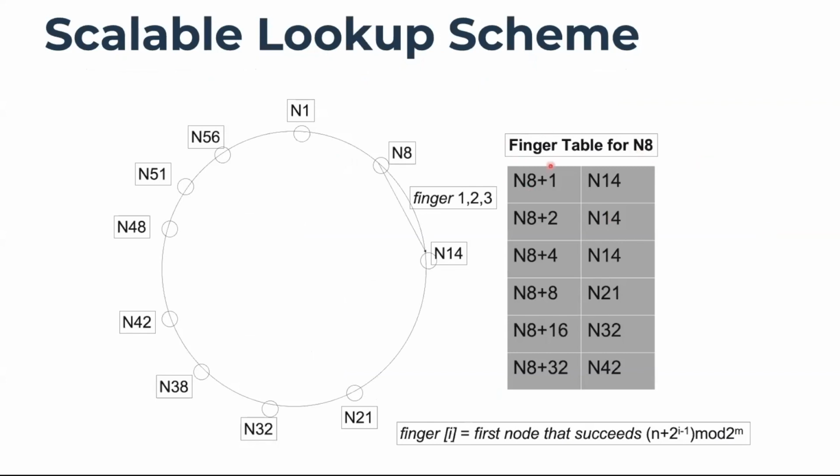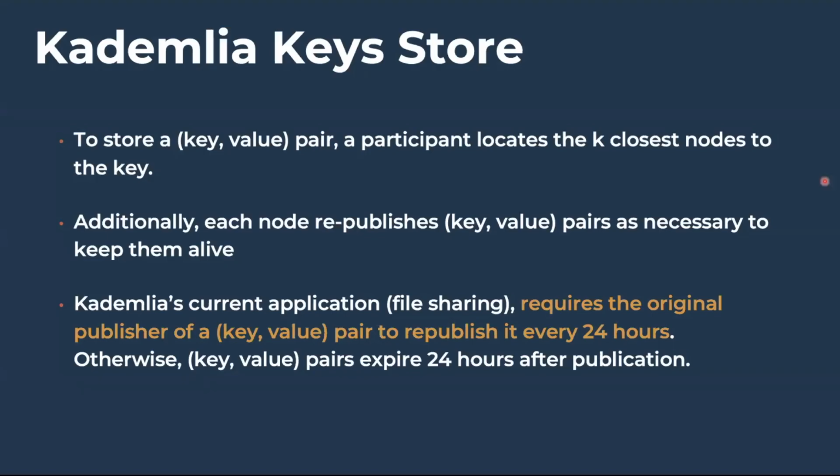The finger table for node number 8, given that node number 14 is the next one, is going to point different identifiers between 8 and 14 to that node 14, and this increases and goes to different nodes. So you've got different fingers, and that's how you can jump faster.